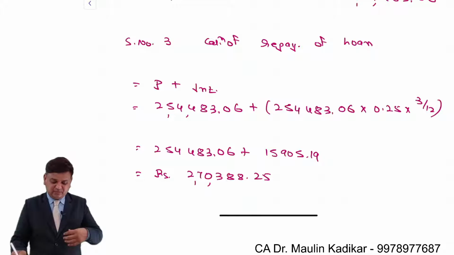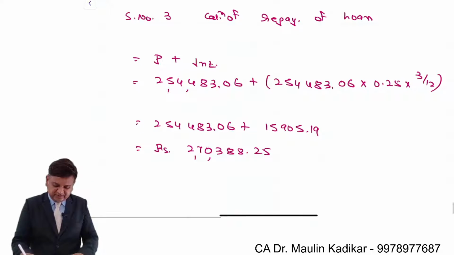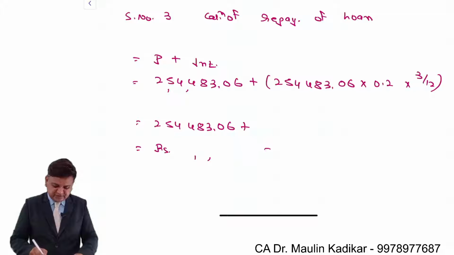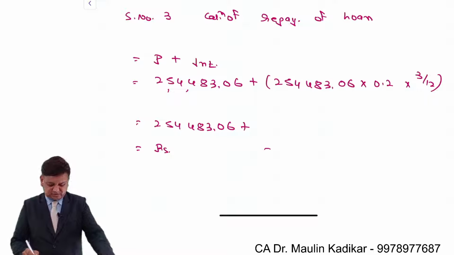I'm sorry friends, for borrowing the rate of interest would be higher. I'm sorry, it will be 26%. For the borrowing the rate of interest is higher, that is 26%. So 254,483.06 into 26% into 3 divided by 12.